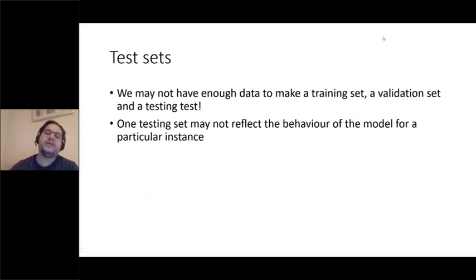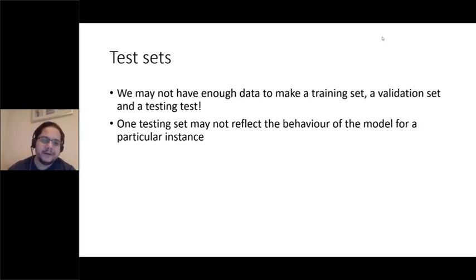Now we are going to see another technique. One of the problems of this division is that maybe you don't have a lot of data to divide into your training set, validation set and testing set. Also, one testing process might not reflect the behavior of the model for a particular instance, because this instance occurs rarely inside your testing set, but it might occur multiple times in real life.